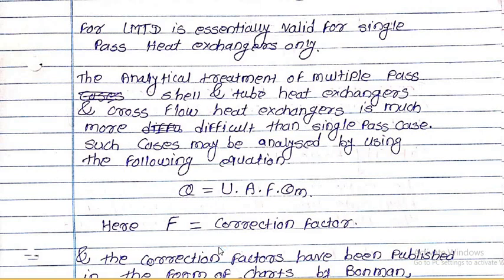We have to correct this equation in the case of multipass arrangement, so we use Q equal to U multiplied by A multiplied by F multiplied by theta m. Here F is the correction factor.